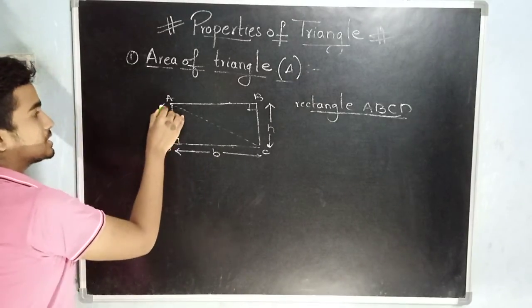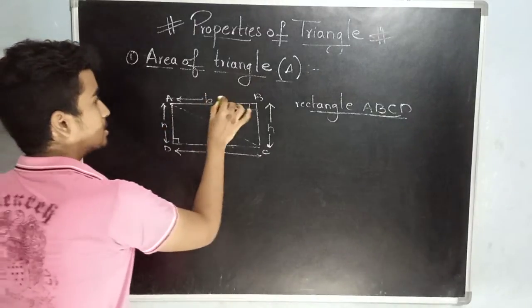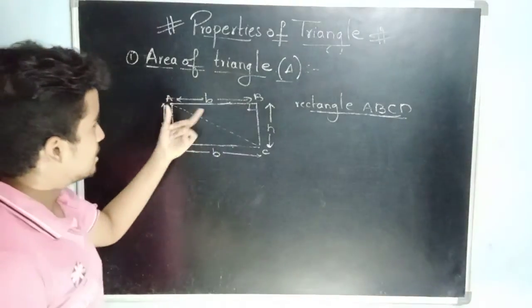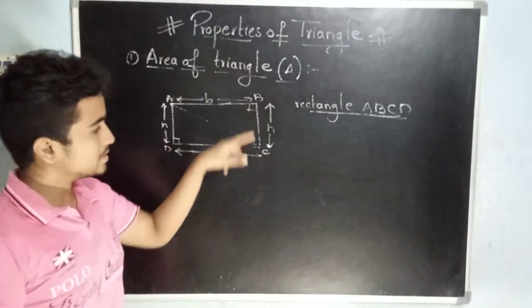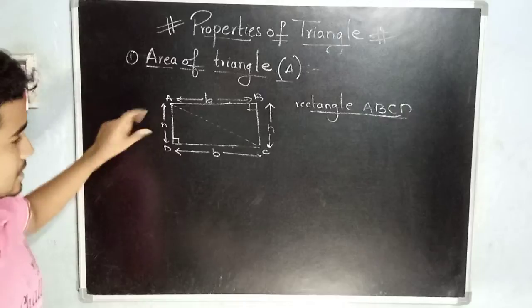AB is nothing but b, BC is nothing but h, CD is nothing but b, and AD is nothing but h.